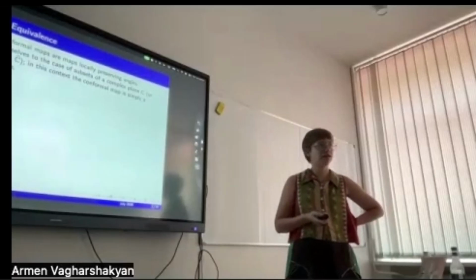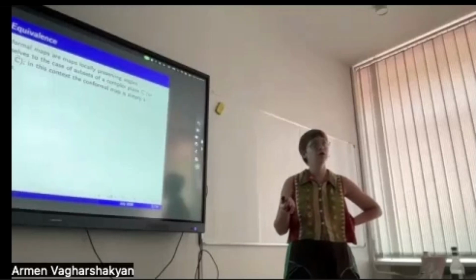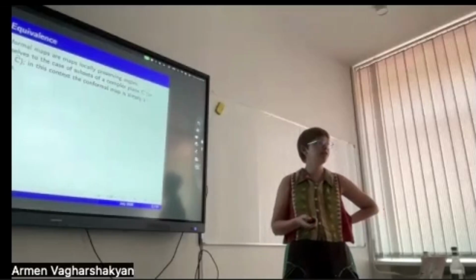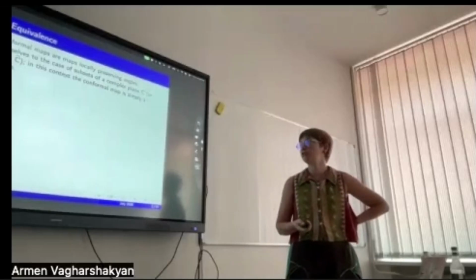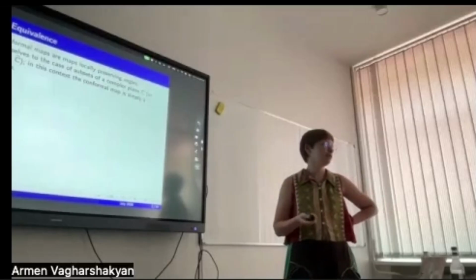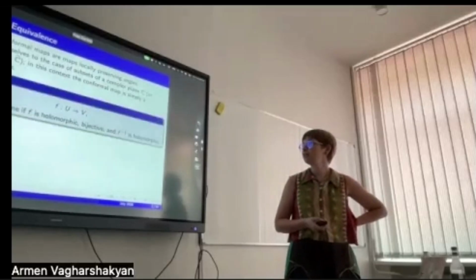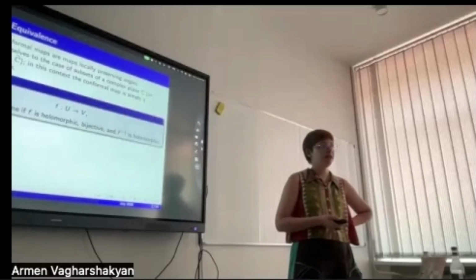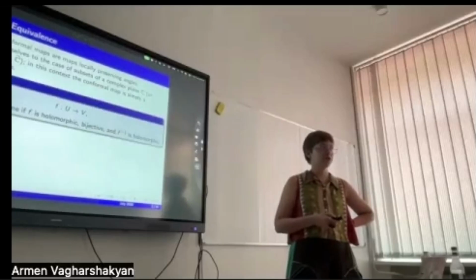So for us, we will call two sets conformally equivalent if they are biholomorphic. And what does biholomorphic mean? It means just that there is a holomorphic bijection such that its inverse is holomorphic too.